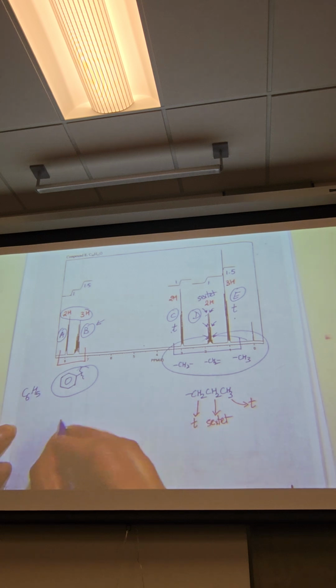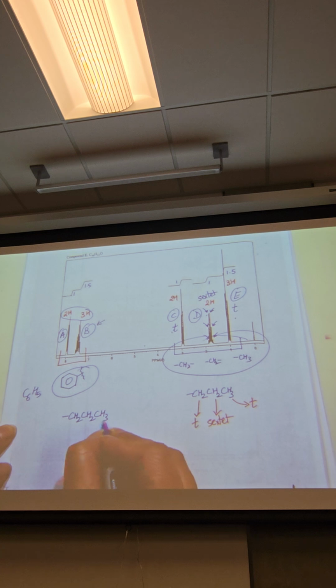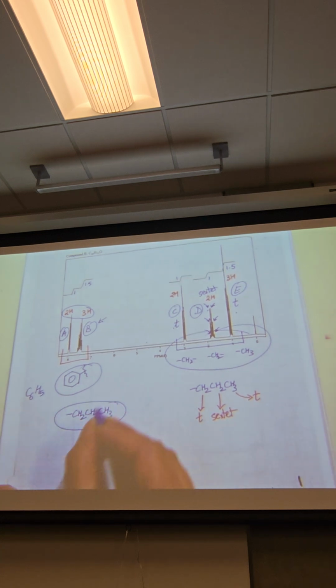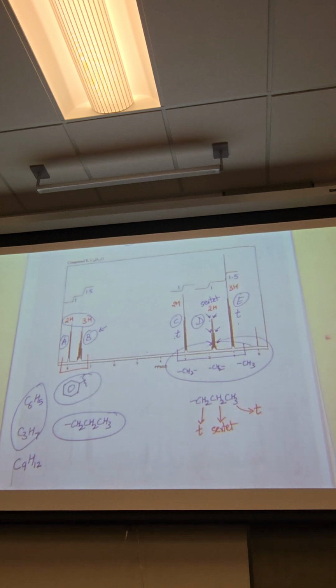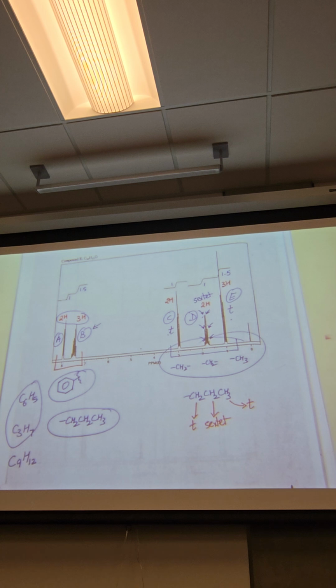What about the propyl? 3 carbons and 7 hydrogens. What's the total that we've accounted for? We need 10 carbons.